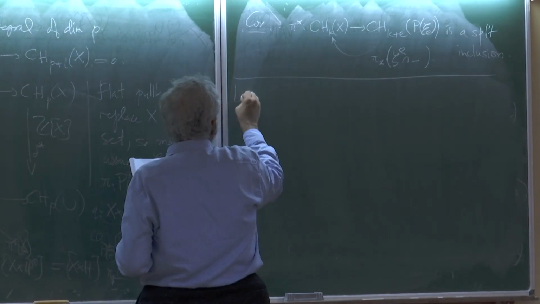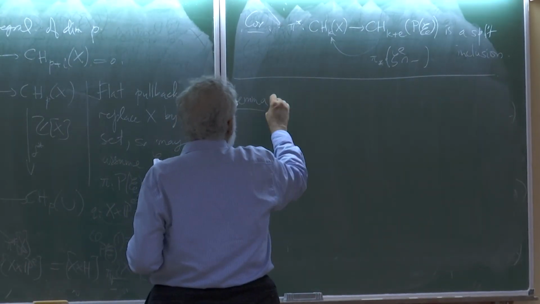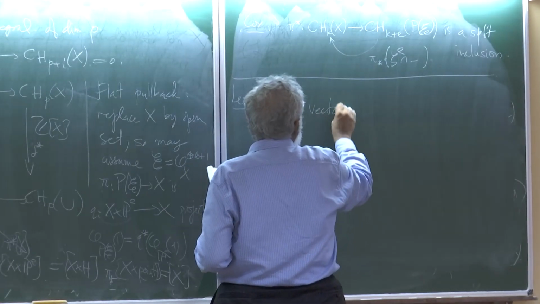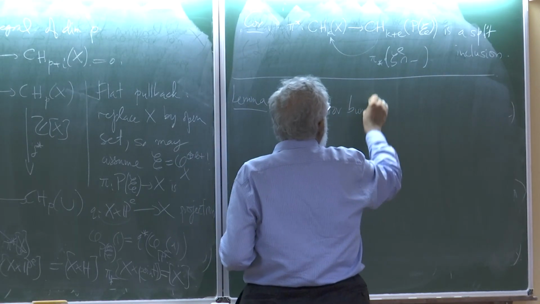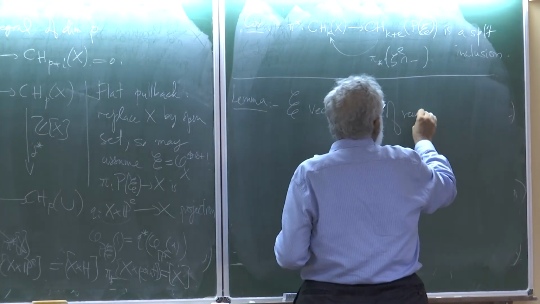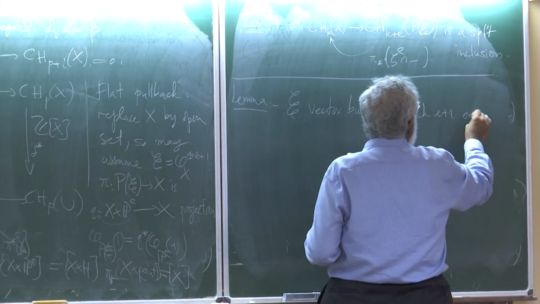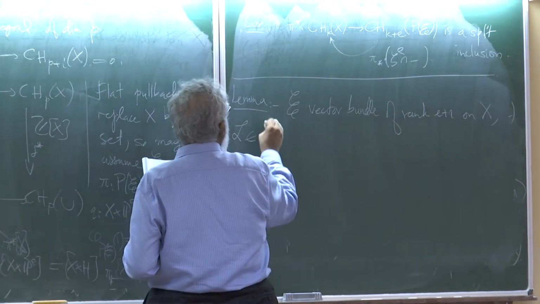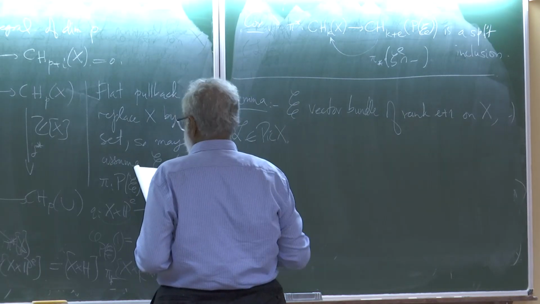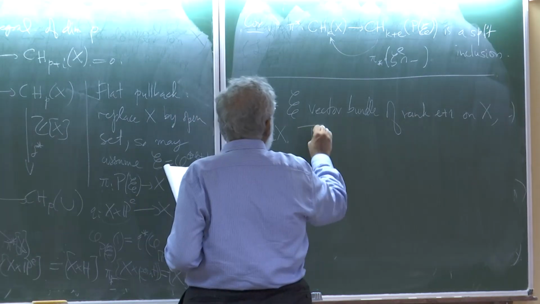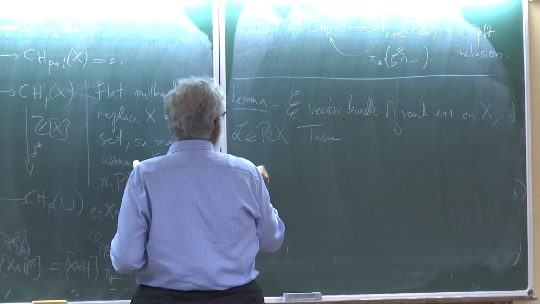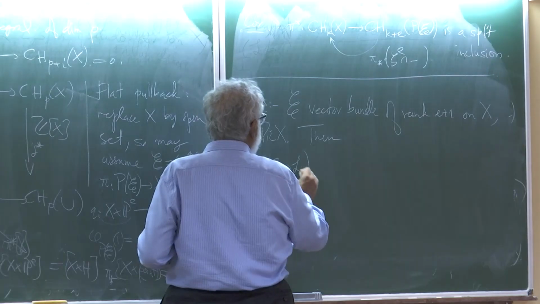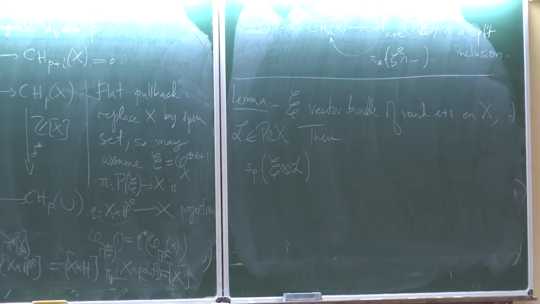Okay, let me work out a lemma which I need for calculation later. Lemma: E a vector bundle of rank e plus 1 on x and L a line bundle. Then, if I take one of the Segre classes of E twisted by this line bundle, it's another vector bundle.